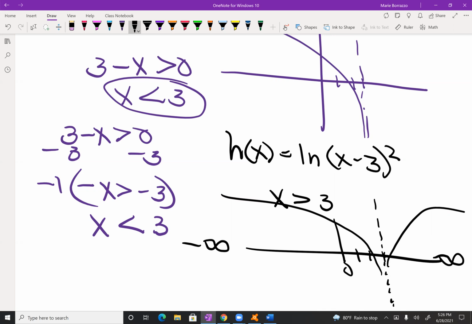Can you repeat what you just did? I lost you with the last one. Sorry, this is squared, right? So when we solve for this, we're going to take x minus 3 and we're going to set it to be greater than 0. But remember that you have to deal with the fact that it's all real numbers except 3. So it could be less than 3 or greater than 3, but not 3.